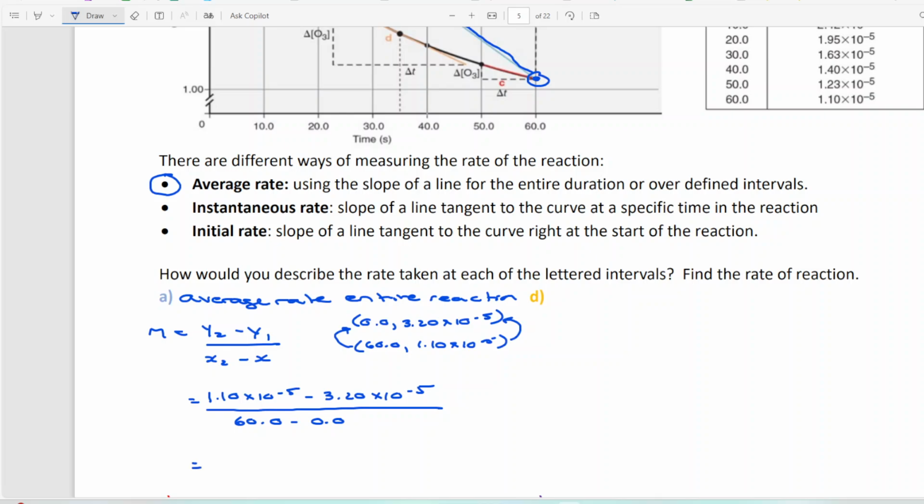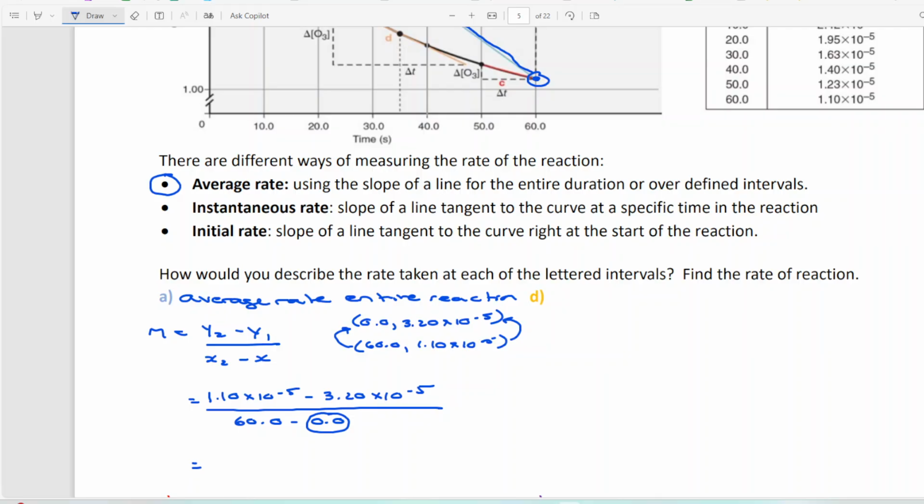If we think about sig figs, even though there's this 0.0 in here, when we subtract, we maintain precision. So 60.0 minus 0.0 is still 60.0. So we're going to answer to 3 sig figs. I'm going to plug this into my calculator. 1.1, now I have the EXP button. You might have an EE button, or maybe your calculator says times 10 to the.